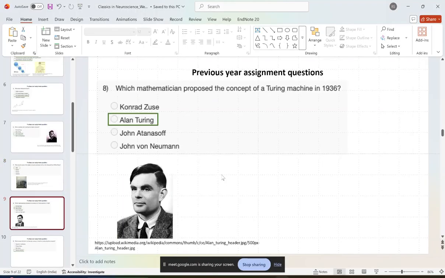Next question. Which mathematician proposed the concept of a Turing machine in 1936? So this is an image of Alan Turing.